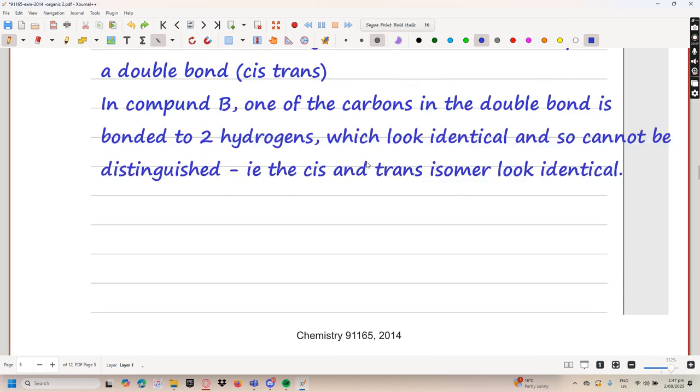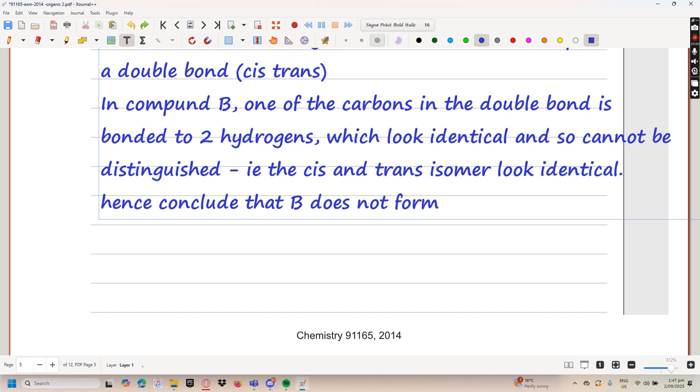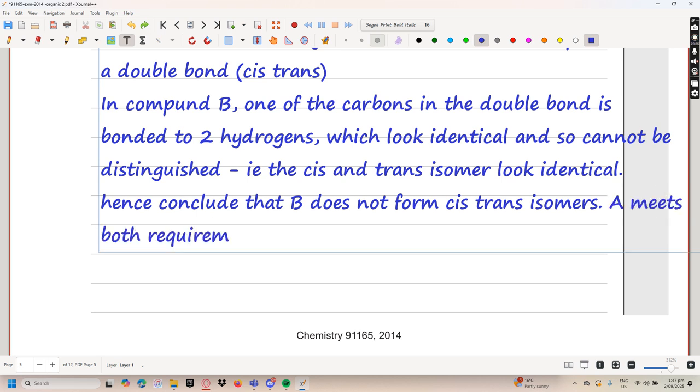So these two are distinct. Hence you can conclude that B does not form cis-trans isomers. A meets both requirements, and hence the result.